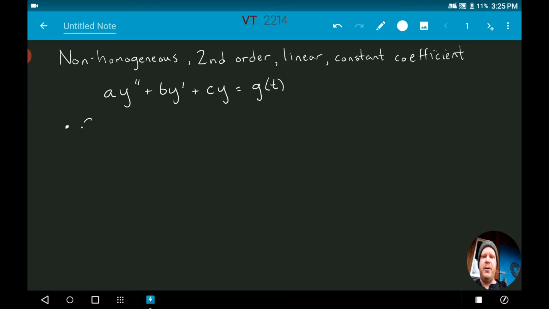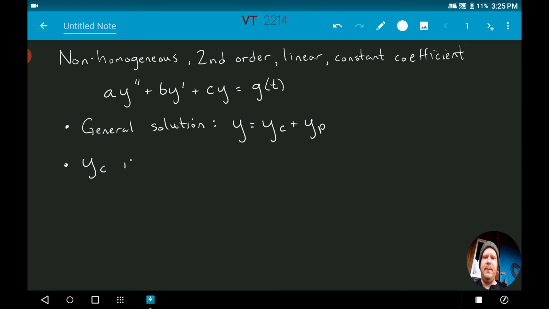We can say that our general solution y is going to be equal to yc plus yp. This piece here, yc, is what we're going to solve for first.